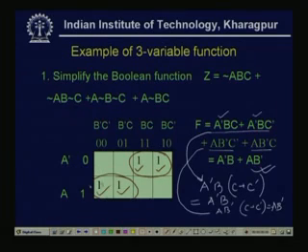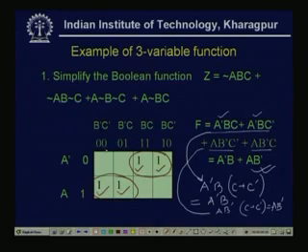For the second couple, the second row represents the literal a, and for the first 2 columns, 0 0 and 0 1, b bar is fixed, whereas c exists both in complemented and uncomplemented form. So, it will nullify. From the first 2 columns b bar will be there, and for the second row it will be a. So, it will reduce to a b bar. In that way we can directly tell that it will be a b bar.